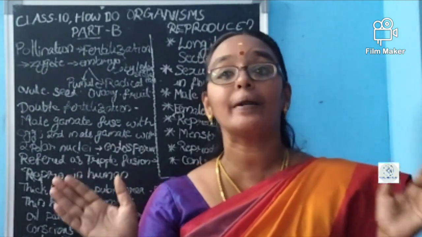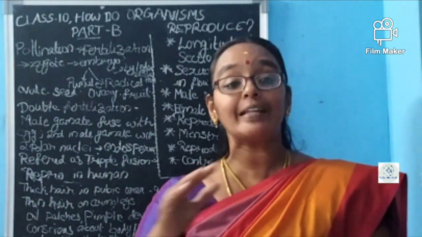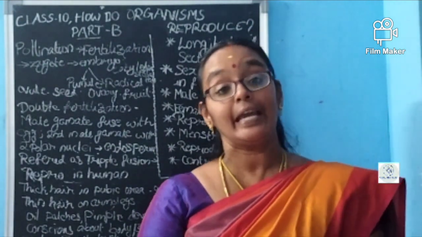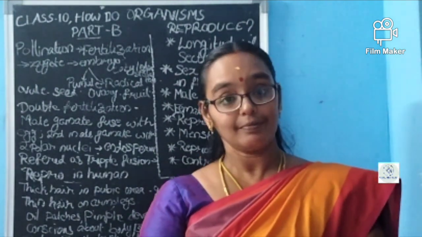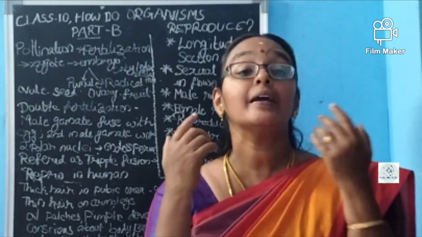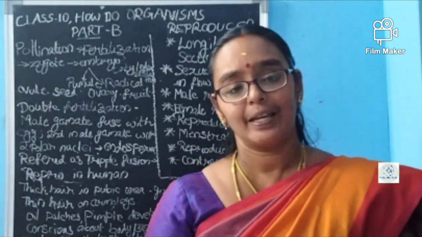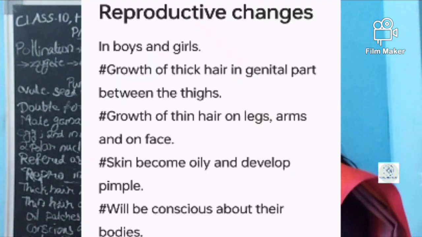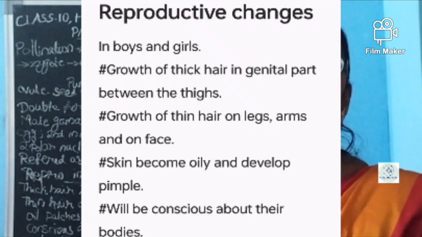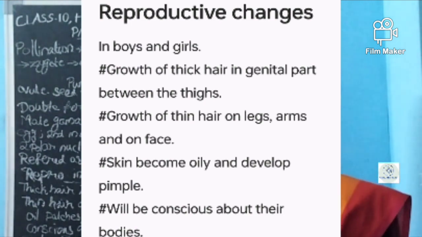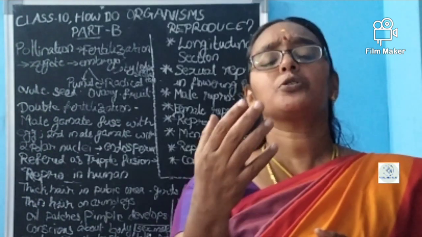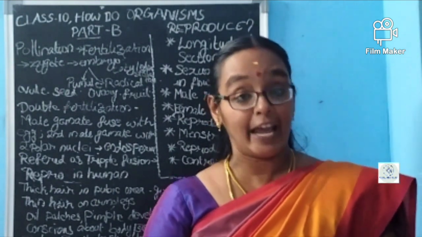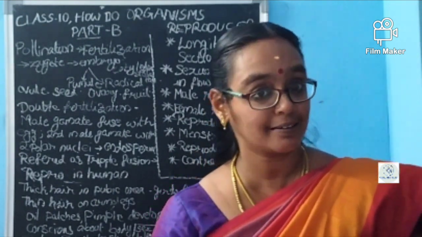Commonly for boys and girls, when they reach 11 years, thick hair will start growing in their pubic region. The face will be mostly oily and pimples start coming. Moreover, they will be much more cautious about their body. For girls, breasts develop and menstrual cycles start coming.